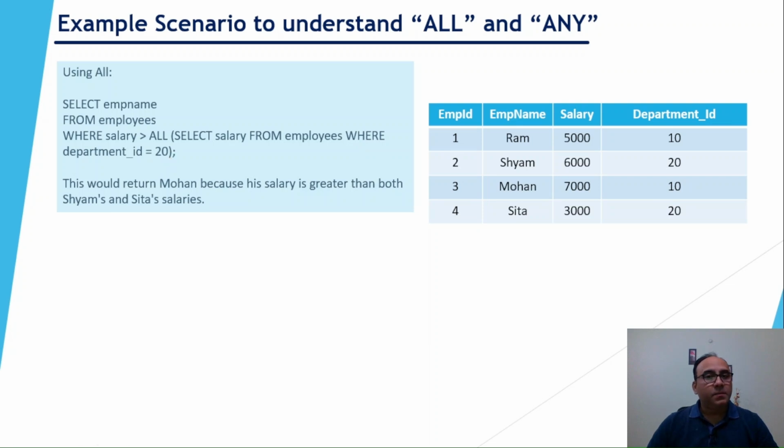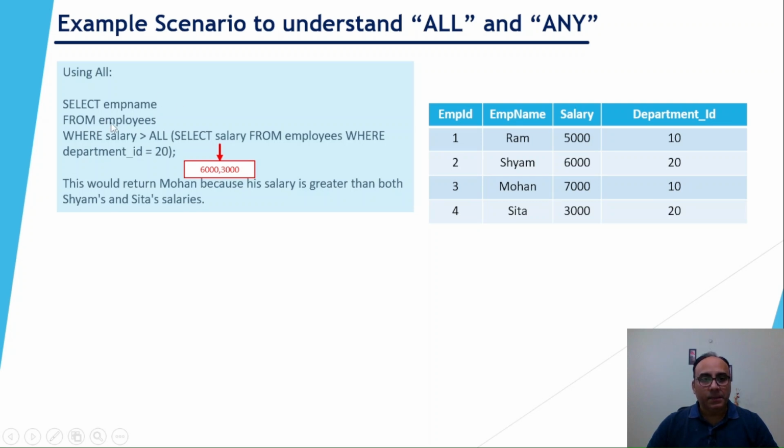Now let's see how this query will be executed. First, this subquery will be executed. What will it return? It will give us 6,000 and 3,000. Now this condition will be applied: salary greater than all. So it will only retrieve those records from the employees table where salary is greater than all.